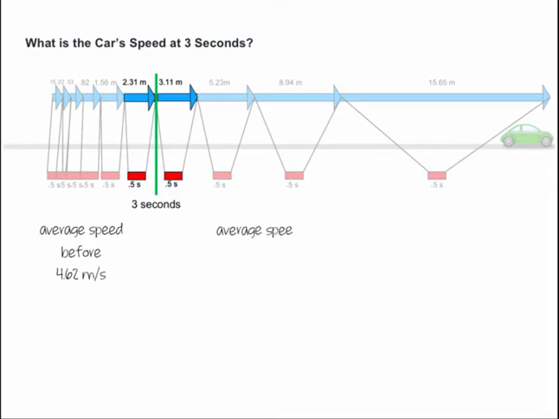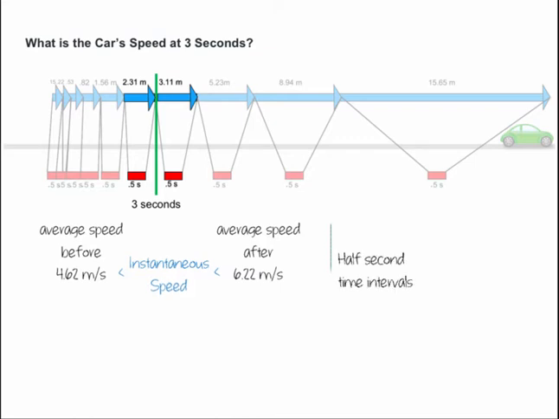Here, the average speed is 3.11 meters per half second. This is equivalent to 6.22 meters per second. So this tells us that the car's speed right at the 3-second mark is between 4.62 and 6.22 meters per second.